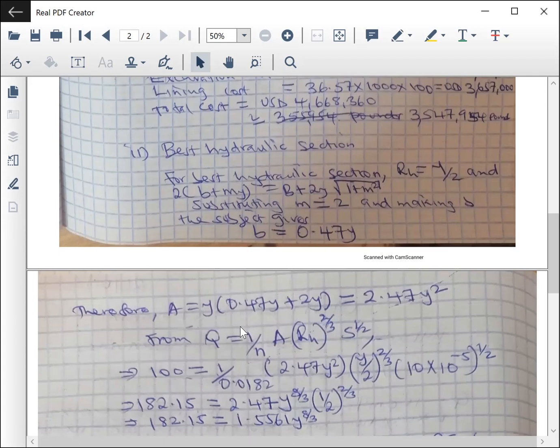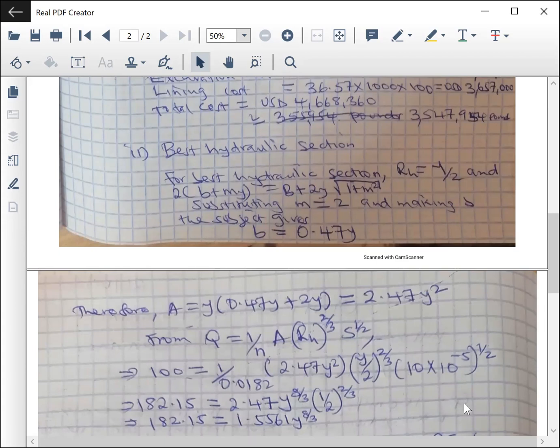Now from the formula Q is 1 over n A R_H power 2 over 3 bed slope power half, you find 100 will be equivalent to 1 over 0.0182. You multiply by 2.47y squared, which is area. I multiply by hydraulic radius. We said it is y over 2 for best hydraulic section. y over 2 power 2 over 3 times our slope, which was 10 times 10 power negative 5, power half.